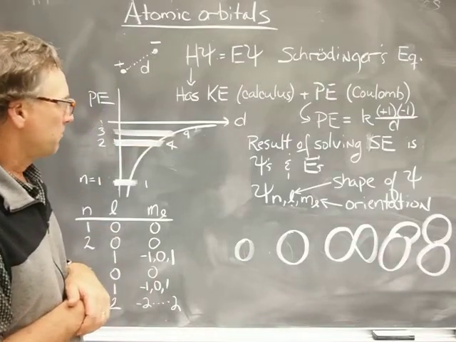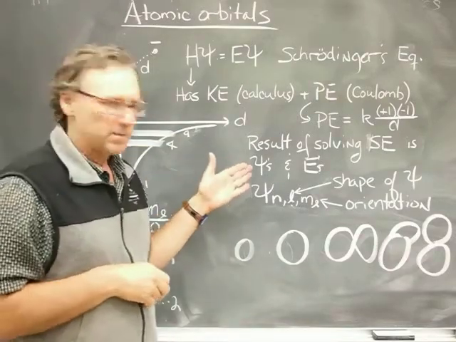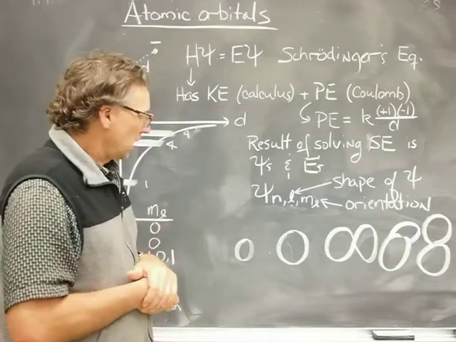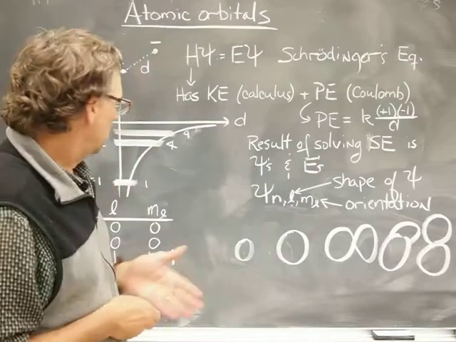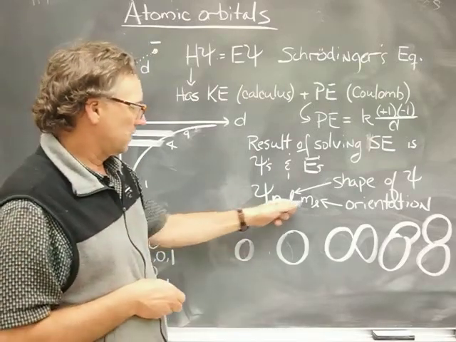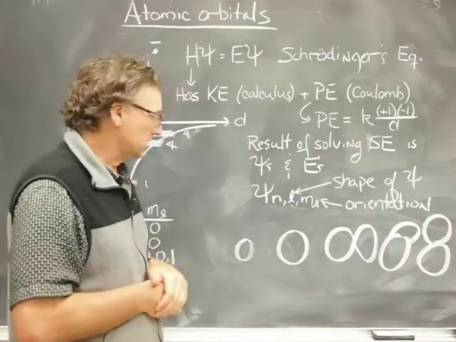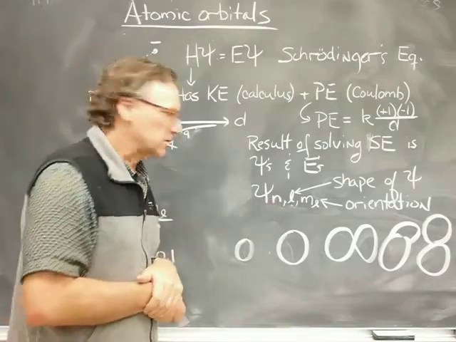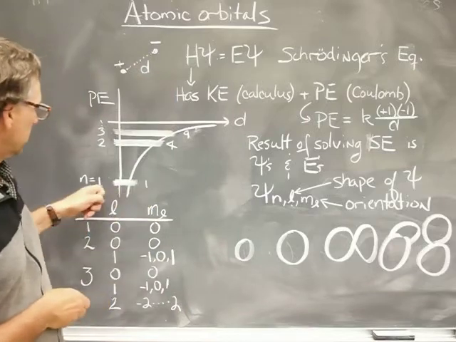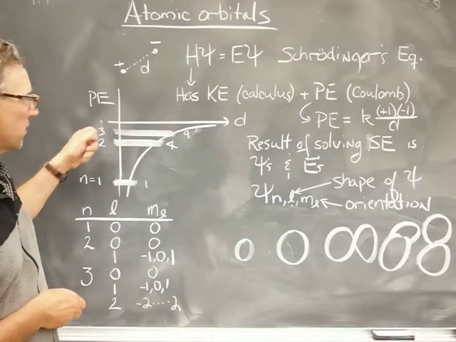Now, for every wave function or orbital that comes out, we have to keep track of them somehow. One of the ways we can keep track of them is through quantum numbers. The first one is called the principal quantum number, n, and I've labeled this here, n equals 1, 2, and 3.